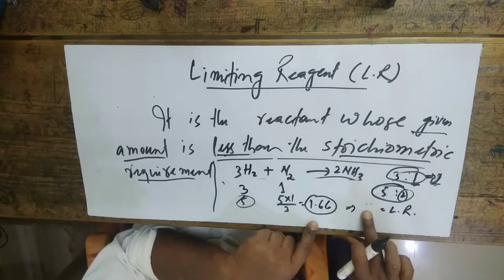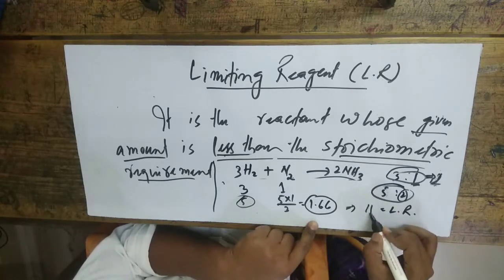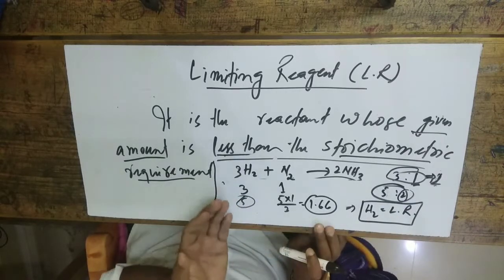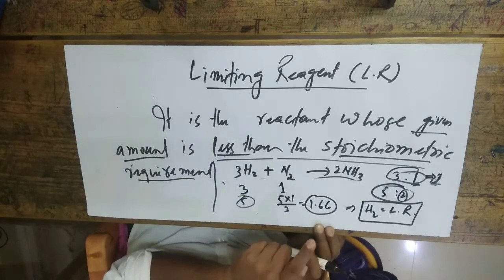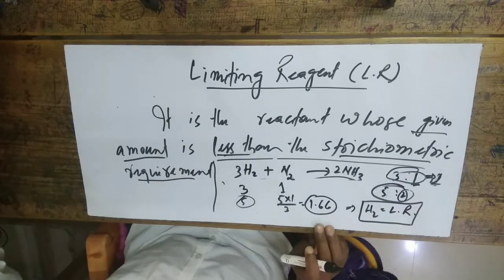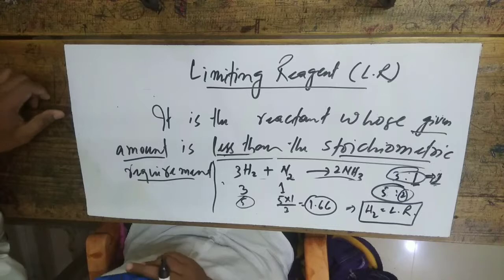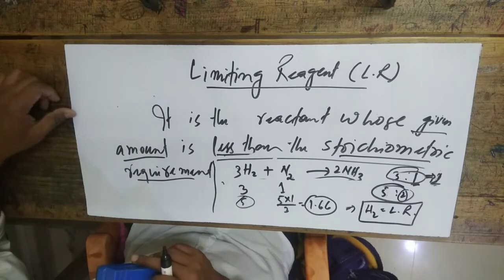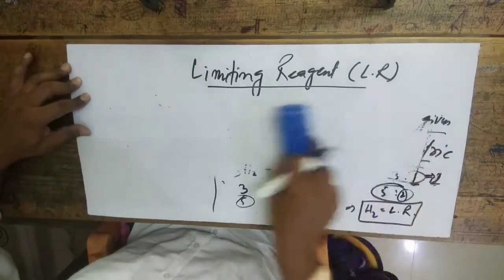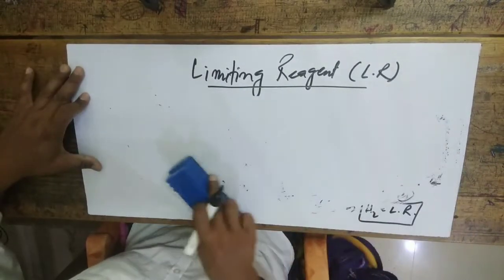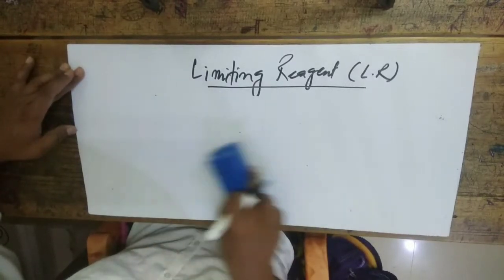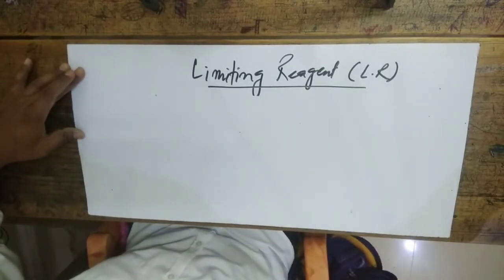So nitrogen is not the limiting reagent here, hydrogen is the limiting reagent, because our requirement is only 1.66, but we are given 2 mole of nitrogen. So to understand limiting reagent, we need to know the stoichiometry of the reaction.